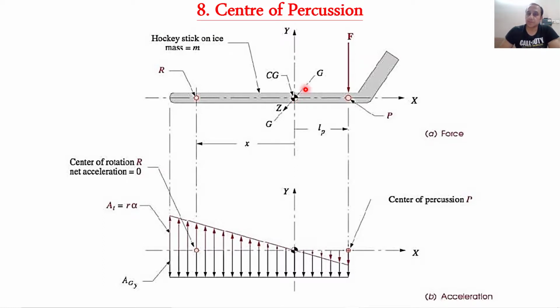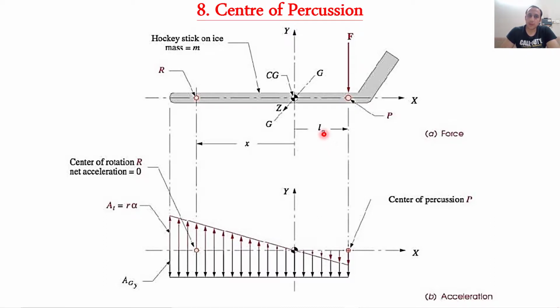Then a linear force is applied at a particular point P on the hockey stick. The distance of that point P from the CG of the ice hockey stick is denoted by small LP.